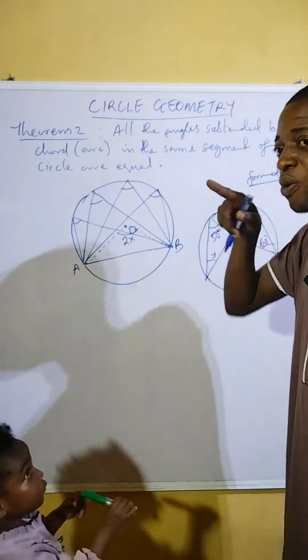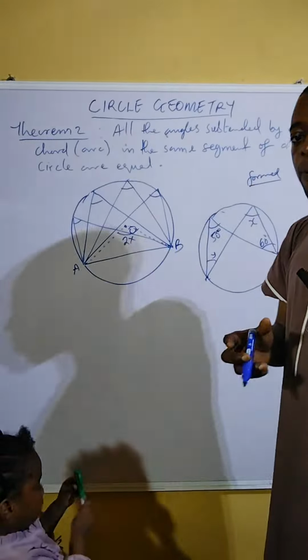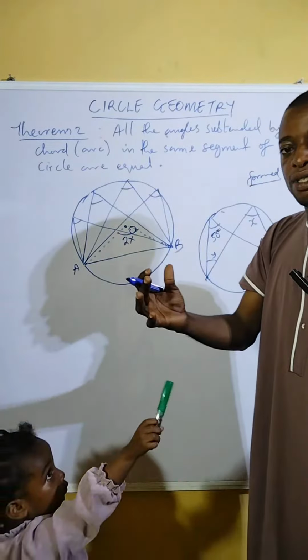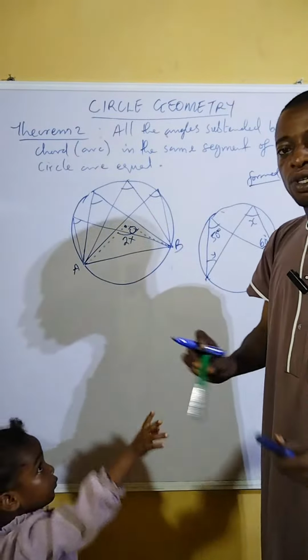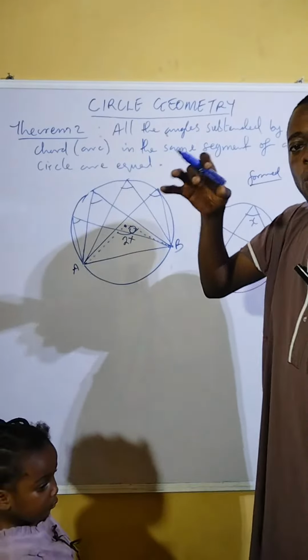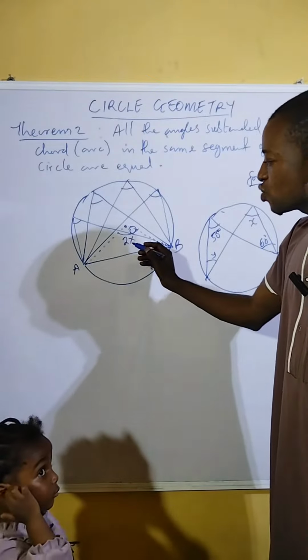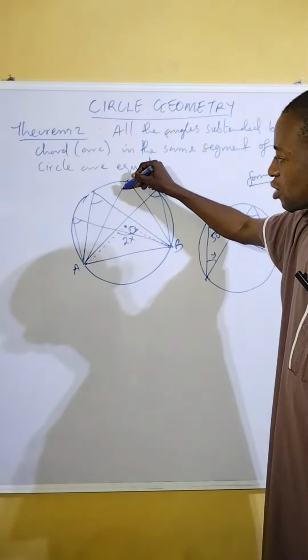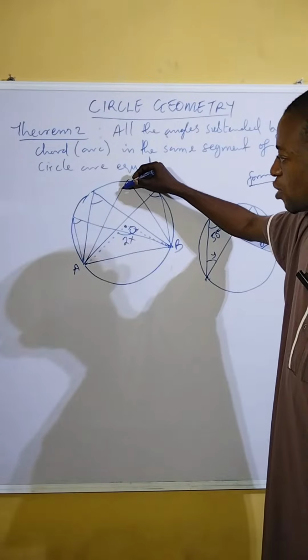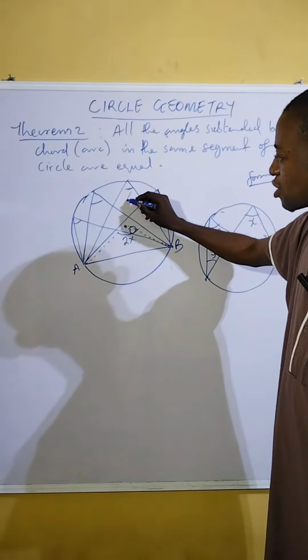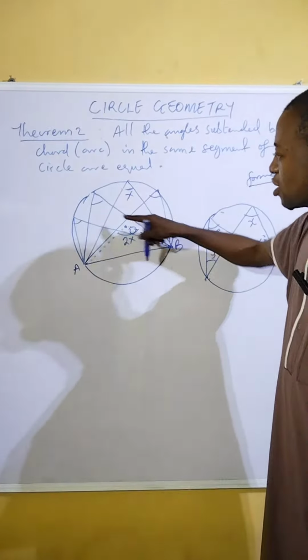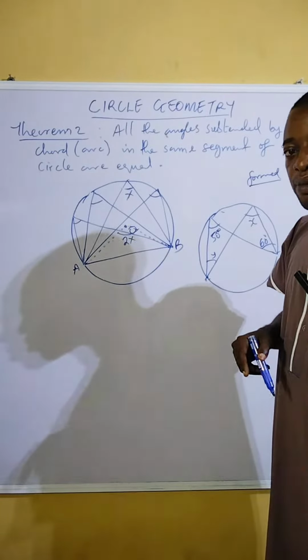And we said angle at the center is twice the angle at what? Circumference. So if this is 2x, let's pick this one here. This one will now be angle at circumference, which is x. Okay, this angle is also angle at where?